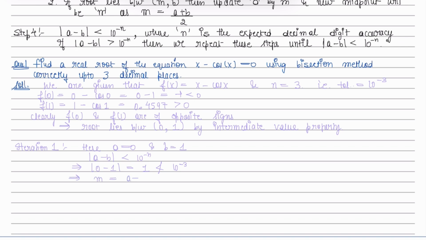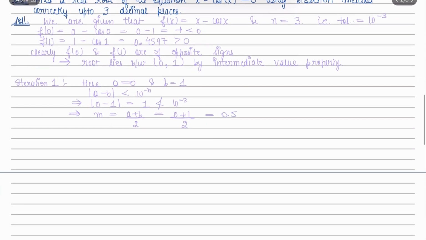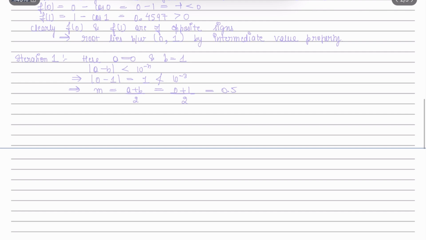M is equal to a plus b by 2, which is 0 plus 1 by 2, equal to 0.5. Checking the value of the function at the point M, f of 0.5 is equal to 0.5 minus cos of 0.5, which is equal to minus 0.3776, which is negative.